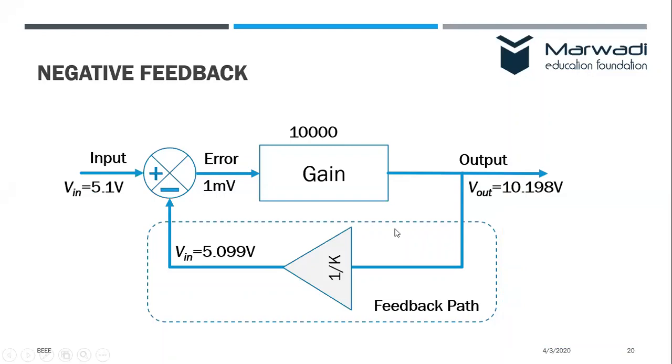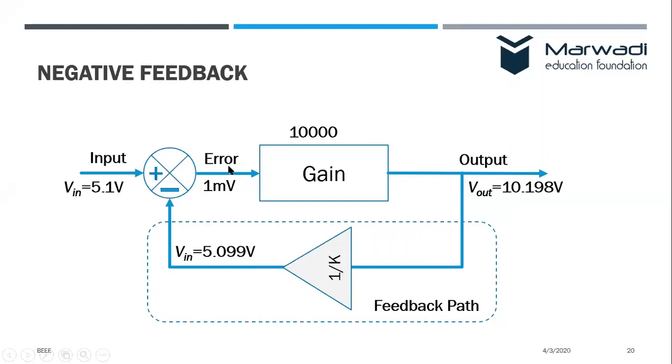Here we have an input voltage of 5.1, let us say, right? Now, let us assume that the feedback is 5.099, right? Feedback is 5.099. So the difference will be 5.1 minus 5.099.